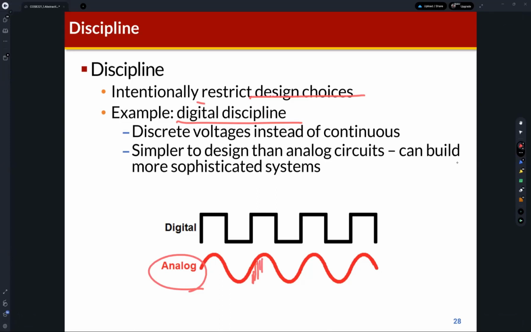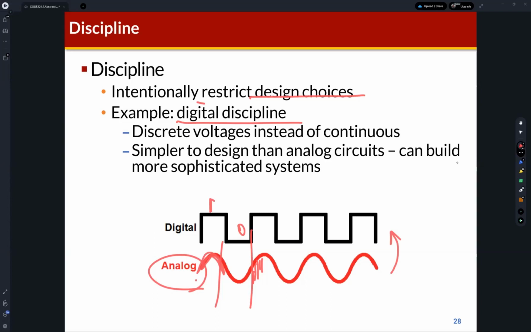But this analog signal can be represented using a digital signal like this. As you can see, these signals can be represented using just the value 1, and in this period we can represent the signal with the value 0.